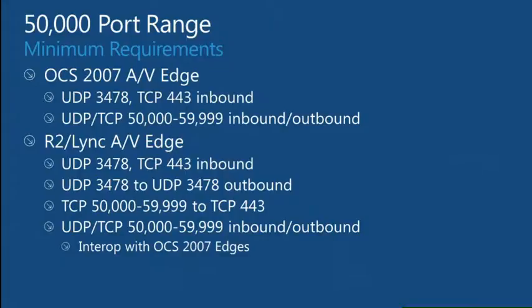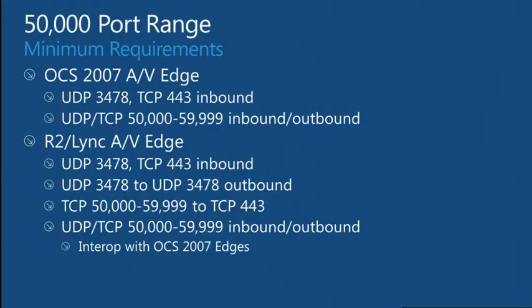Okay, so summary. What are my requirements for the 50K port range? Please note that's the minimum requirements, and the following slide will explain why this is the minimum and not necessarily the optimum. If I have an OCS 2007 AV edge server, I need 3478 UDP inbound and TCP 443 inbound.